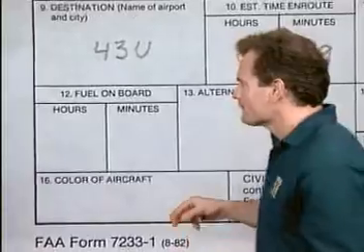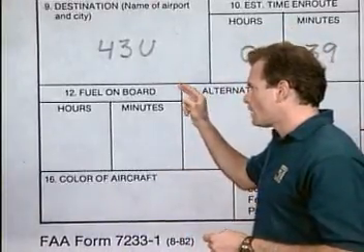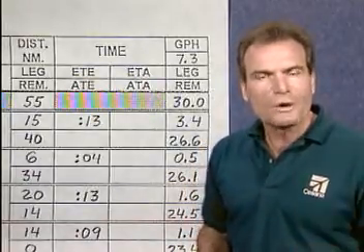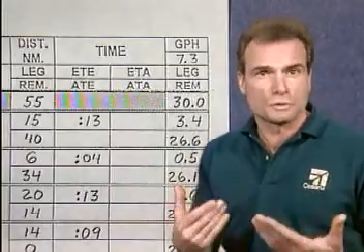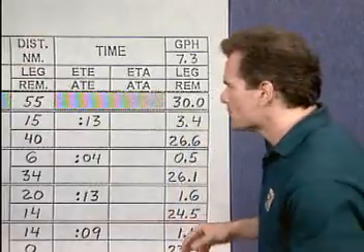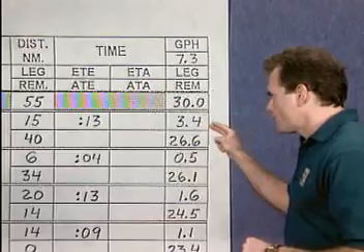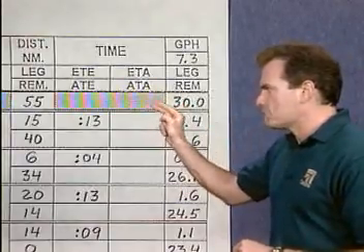Now let's drop down to the next line. In Block 12 here, you enter your usable fuel on board in hours and minutes. To get this number, first subtract what you would use in the climb from your total usable on board, and then divide that difference by your fuel flow in gallons per hour at cruise airspeed. In our example, we said that our total usable fuel was 30 gallons, and the climb will take 3.4 gallons and 13 minutes.